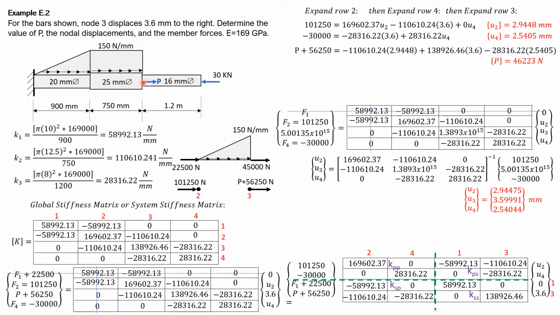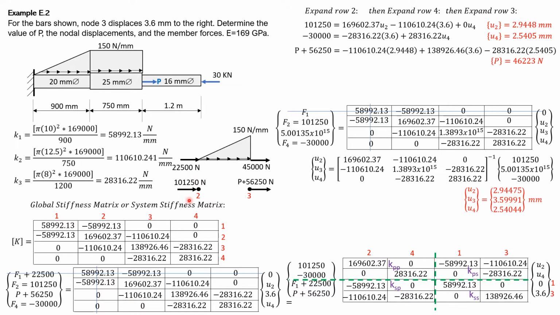Therefore, the equivalent nodal force here is P plus the equivalent nodal load there. 56,250 is 375, half of 750, times 150, plus 45,000, because there is 45,000 here, which is this.